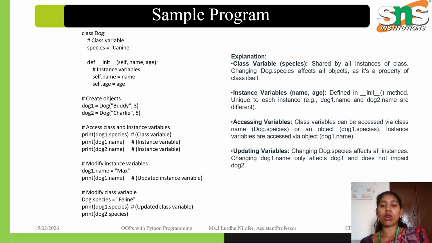For example, dog1's name and dog2's name are different. How do we access variables? Class variables can be accessed via the class name, for example Dog dot species, or via an object, dog1 dot species. Instance variables are accessed via objects.